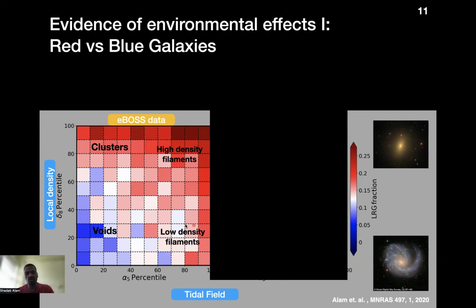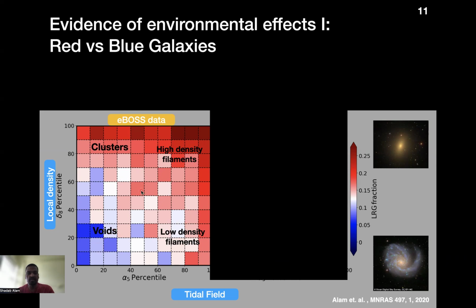And interestingly, low density filaments, so low density but tidally anisotropic regions, also have a significantly larger fraction of red galaxies compared to low density tidally isotropic environments.